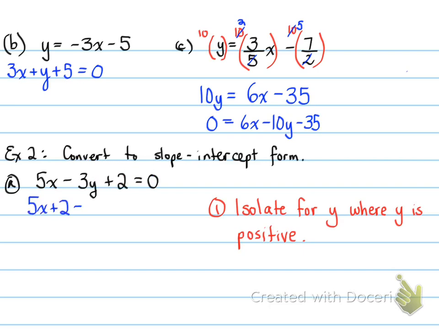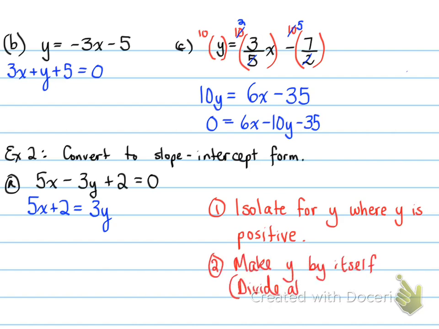So you have 5x plus 2 stays where it is, folks, equals 3y. Next step is to divide each piece by 3. That's right, divide each piece by 3. To make y by itself, we divide all the terms by the coefficient of y. So, one more time, we need to get y by itself. So we're going to divide by the number multiplied by y, so the coefficient of y.